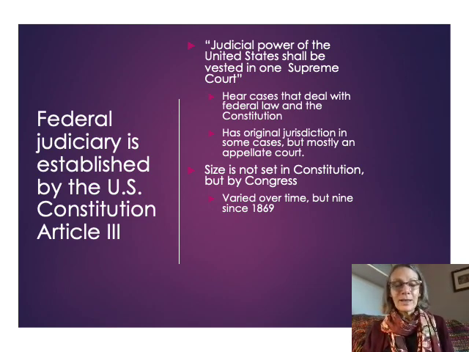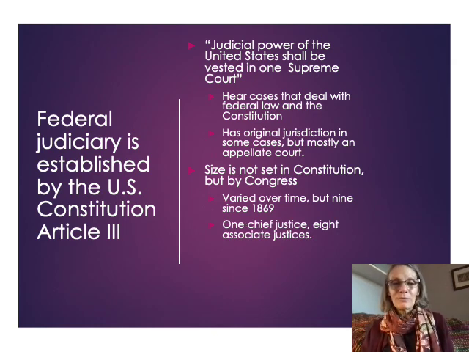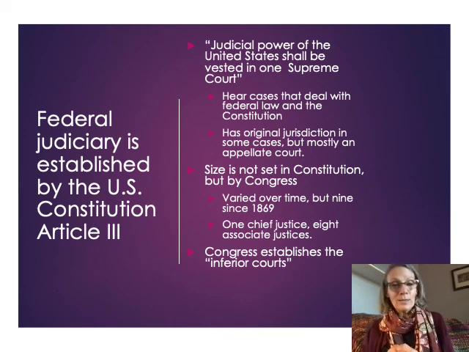During the campaign in 2020, because the court seems to be getting really politicized, some liberals were wanting to have a Congress and also a president that's willing to expand the size of the court because they feel that liberal voices are not getting enough representation on the court. That's not something that Biden or the Congress is approving or pursuing, but they could change the size of the court if they wanted to. So right now there's 1 Chief Justice and 8 associate justices, for a total of 9 by congressional law.